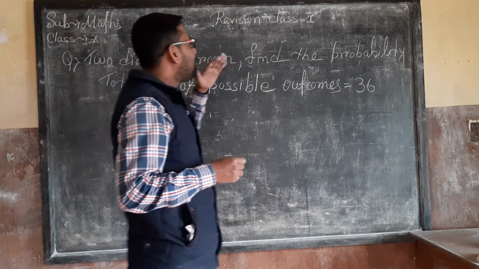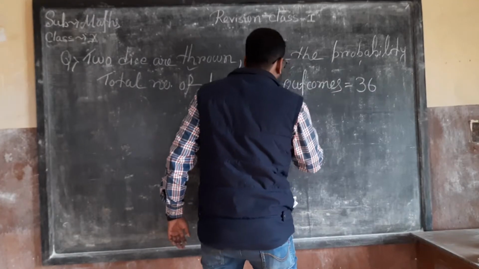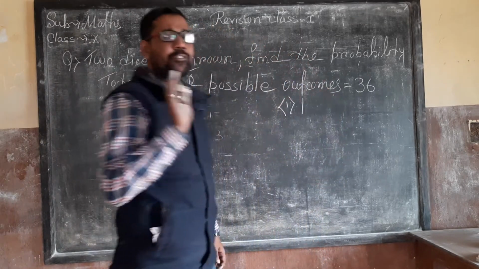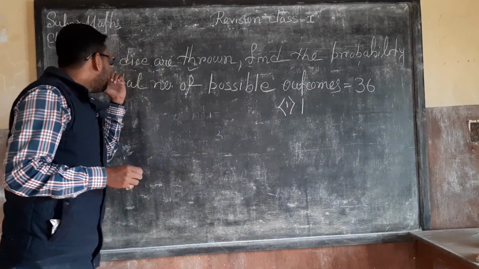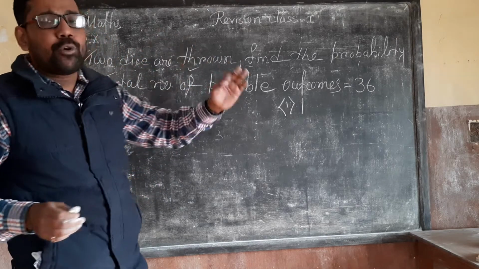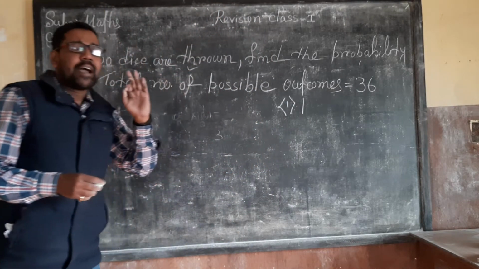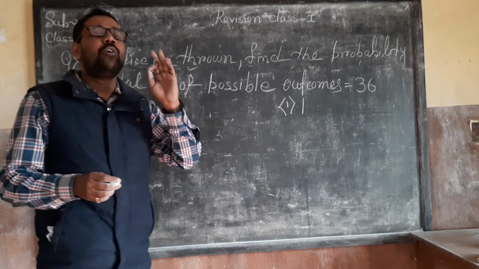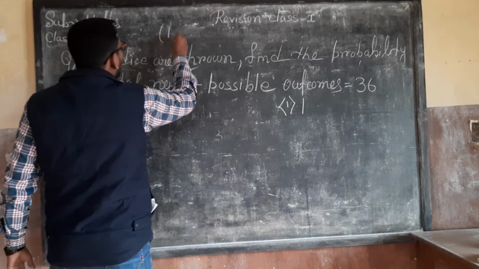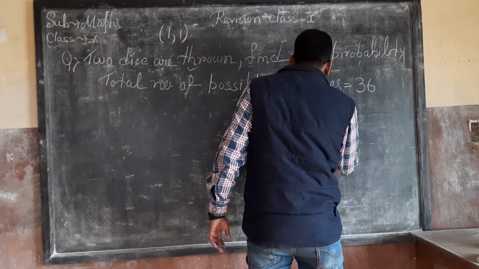With the base of this experiment, we construct two events: the product of the two numbers is 6, and the sum of the two numbers is 6. And always remember, when two dice are thrown at a time or simultaneously, each and every sample point, that means each and every outcome of all the possible outcomes, is in the form 1, 1.